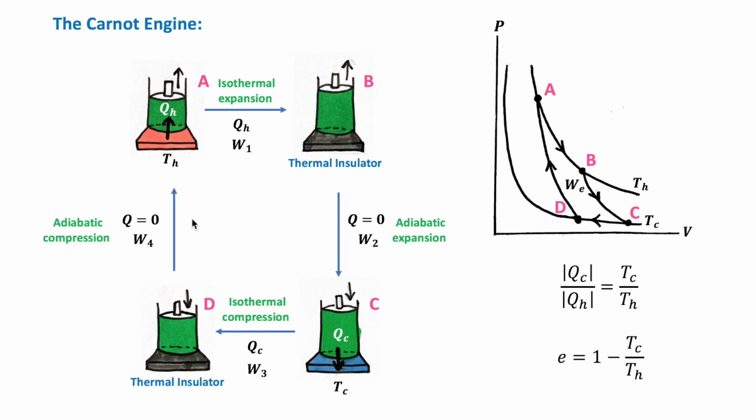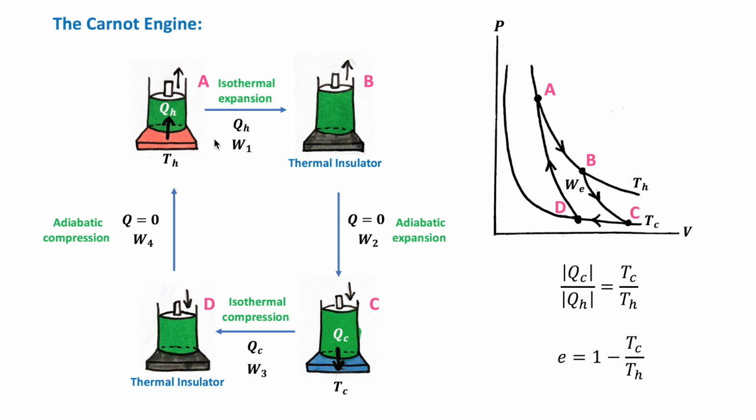First, as you can see in the figure, the gas goes through an isothermal expansion at a constant temperature TH from state A to state B. As it expands, it absorbs an amount of energy QH from the reservoir and does an amount of work W1 on the piston.